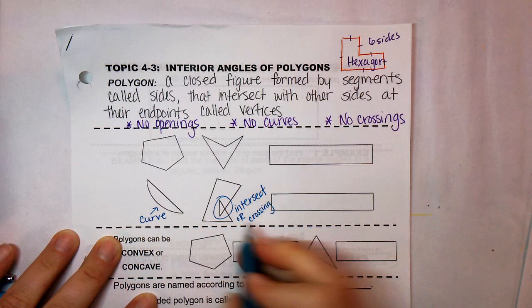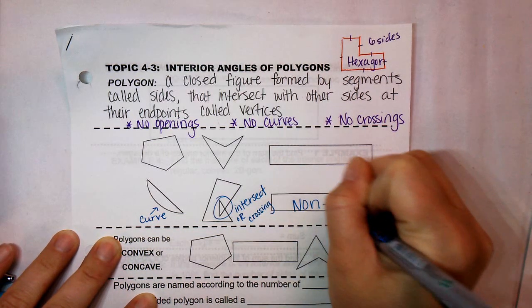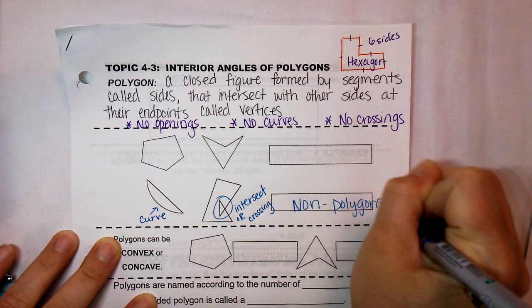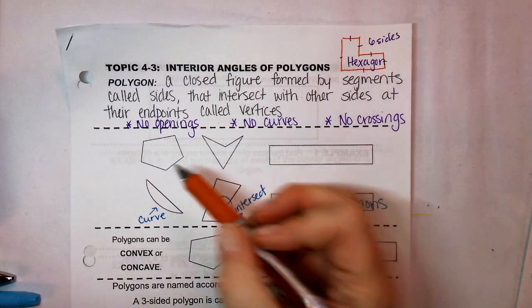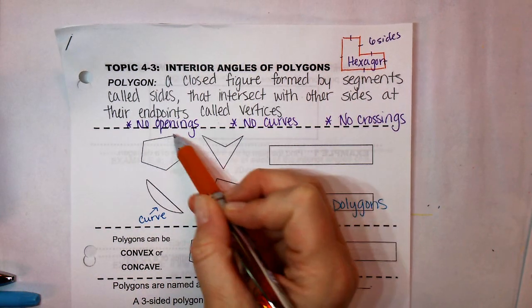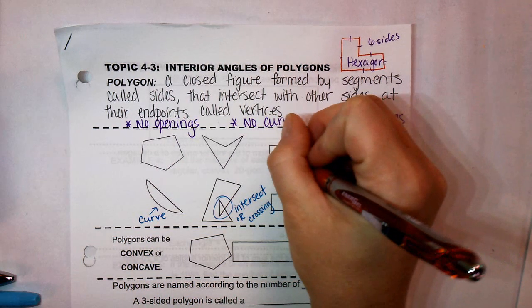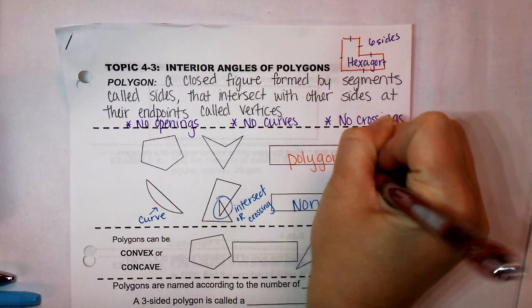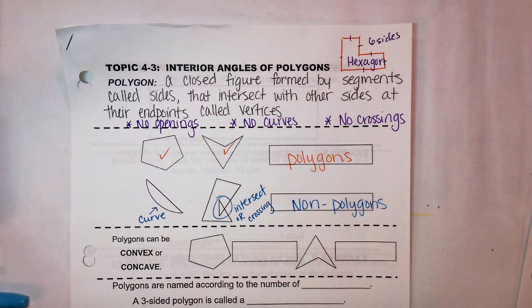So both of these are not polygons. These are non-polygons. So that means that if I have these up here, I have straight lines, I have vertices, no crossings, they're closed. So these are my polygons. All right, good. Both polygons.